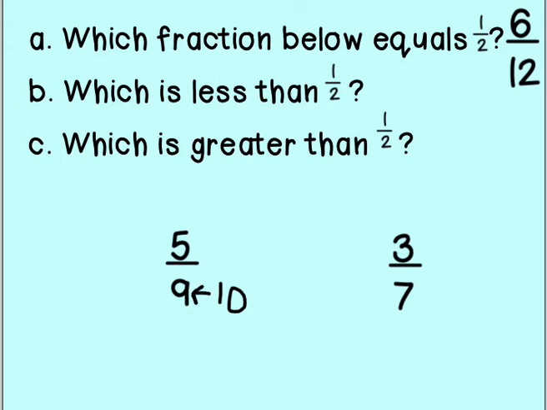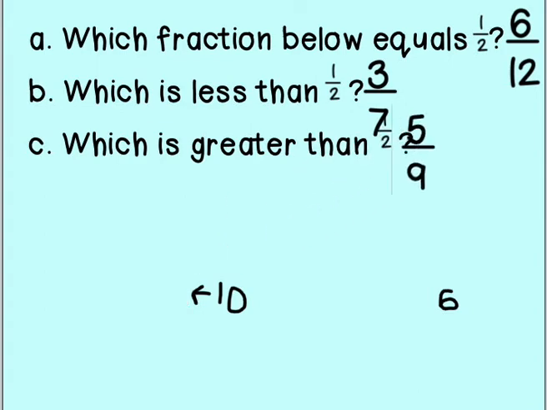In this one, 3 times 2 is 6, and 6 is smaller than 7. That means that 3/7 is smaller than 1/2 because the denominator was less than 1/2. And 5/9 is greater than 1/2 because the 10 when we multiplied 5 times 2 is greater than the denominator.